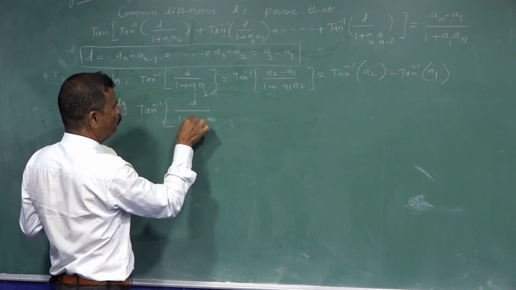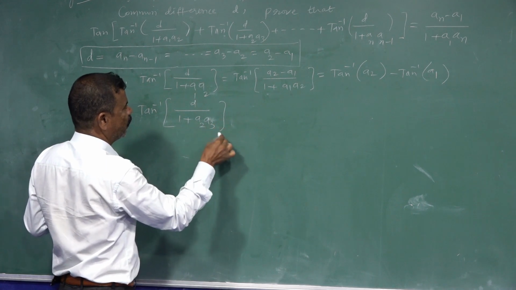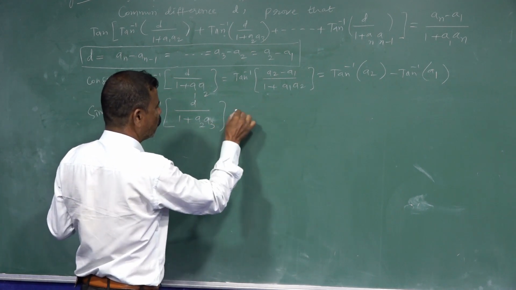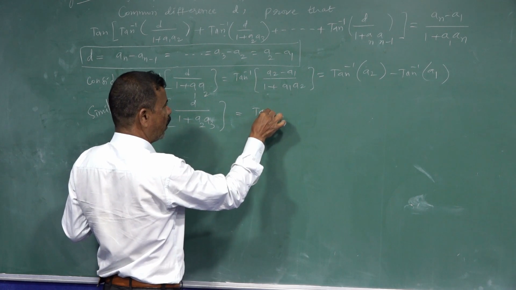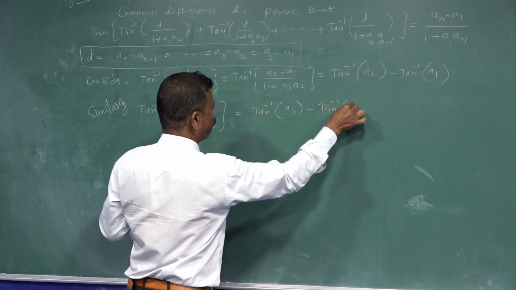Similarly, tan inverse of d by 1 plus a2 a3, according to that, is tan inverse of a3 minus tan inverse of a2.